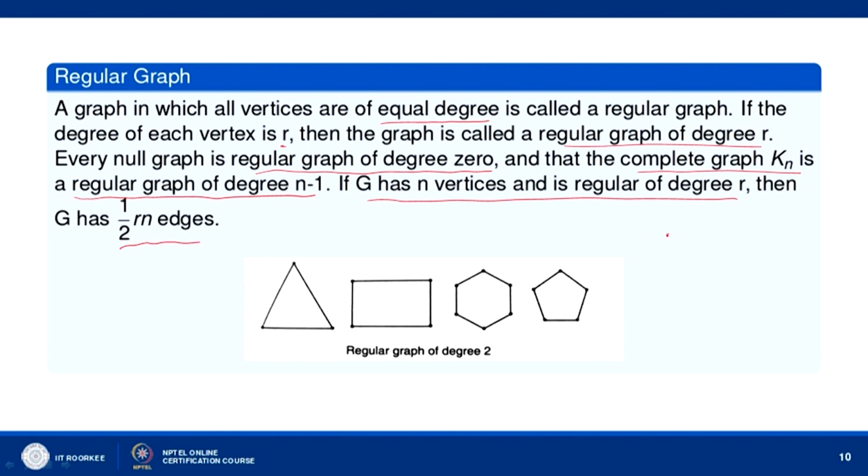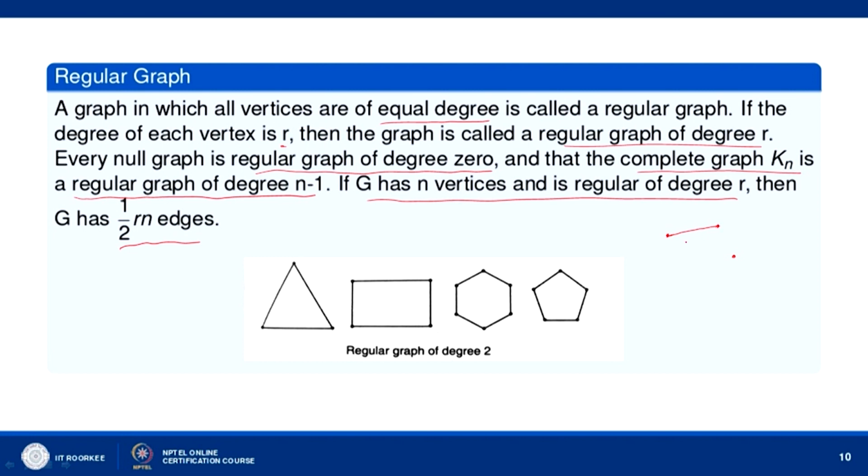So, you have vertices, say 1, 2, these vertices, and each vertex here has degree r, and there are n vertices, then n r by 2 will be the total number of edges, because by the handshaking theorem, the edge which joins this vertex to this vertex is counted for degree here as well as for degree here.